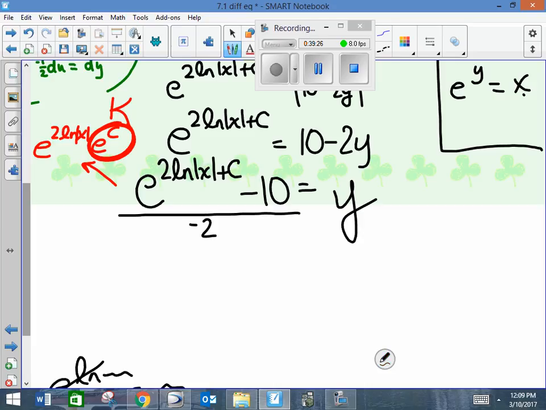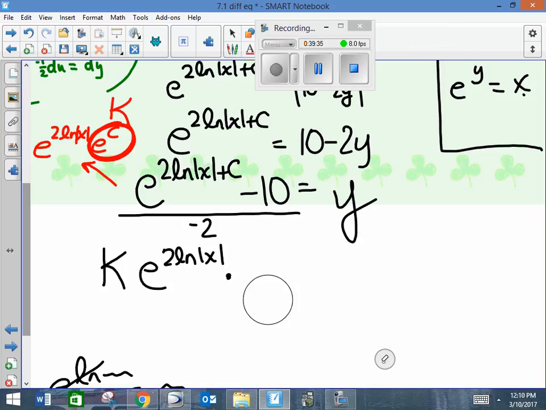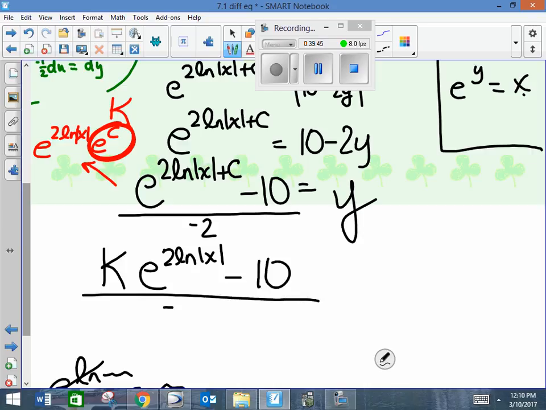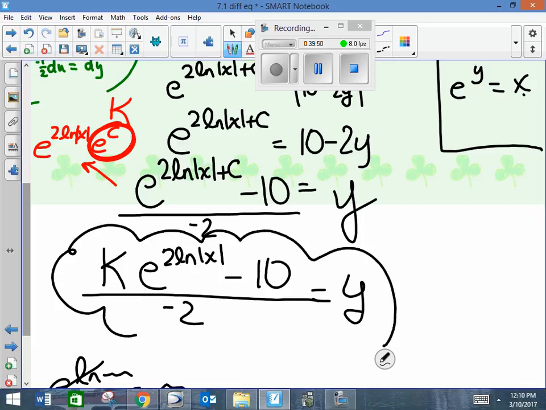Okay, so here we go. e to the 2 ln x times K. I'm going to go ahead and put the K out front then. K is e to the c. You won't have to remember that K is e to the c, but you'll have to know where you got that. Minus 10 over -2 is finally our general solution.